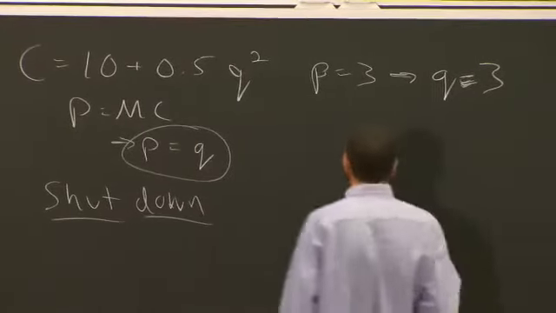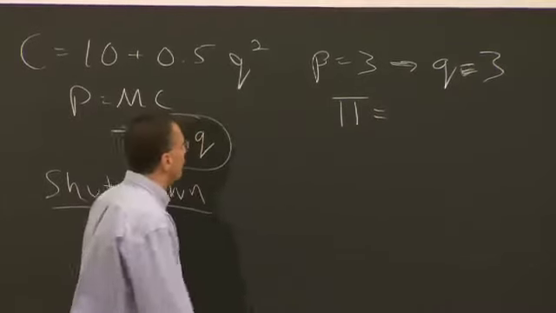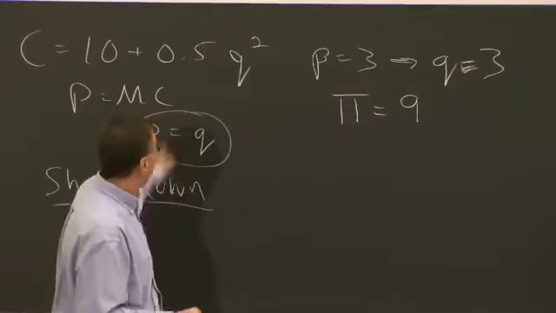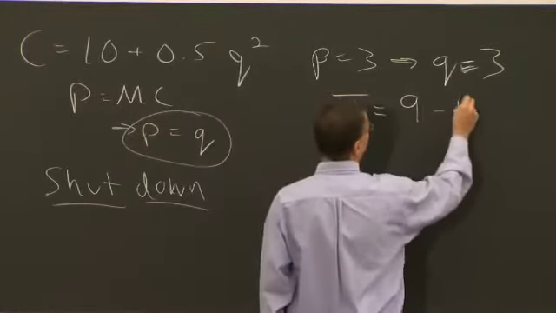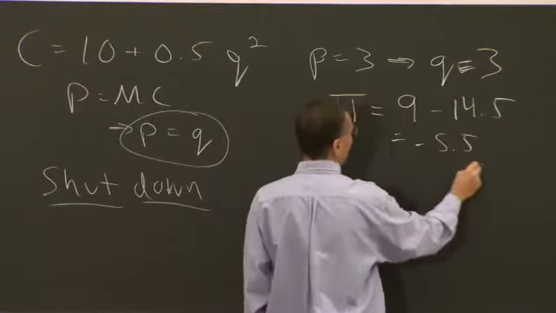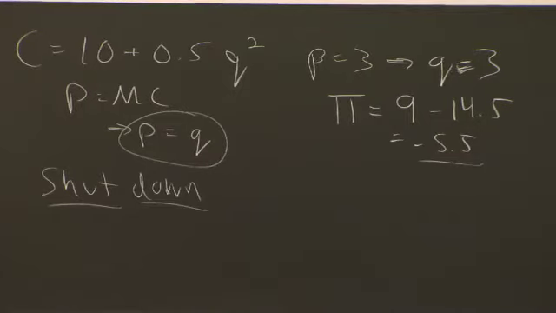If it produces 3 units, its profits are its revenues, which is 9, 3 units at a price of 3, minus its cost, which is 14.5. So that equals negative 5.5. So its profits are negative. So now I say, well, when profits are negative, maybe I should just shut down and stop doing business.